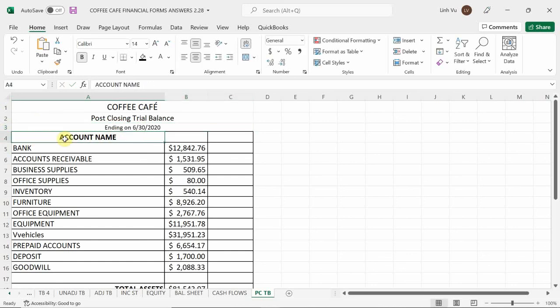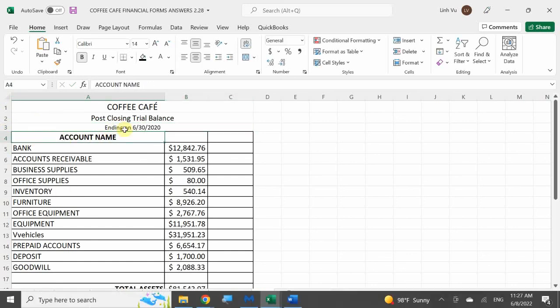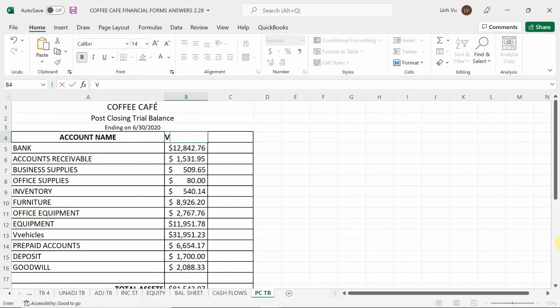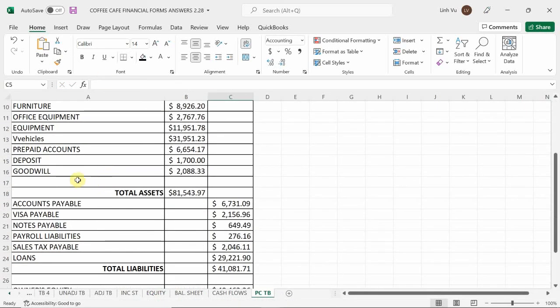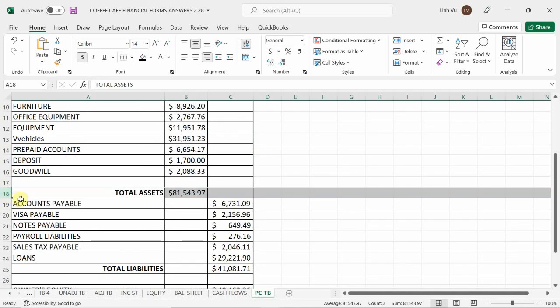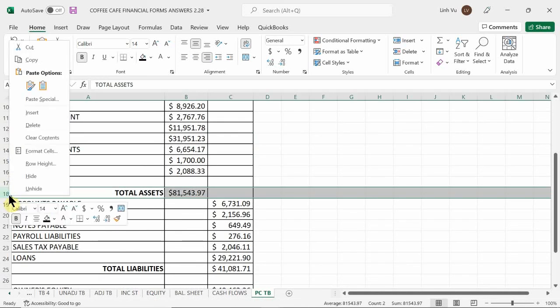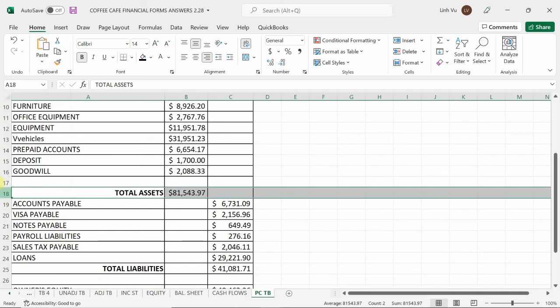And this is basically just reformatting your balance sheet, because you have all the information you need. This is your debits, this is your credits, and we know for a fact we didn't close out all of our assets. So what we could do here is format this and get rid of this row right here, this row and this row.